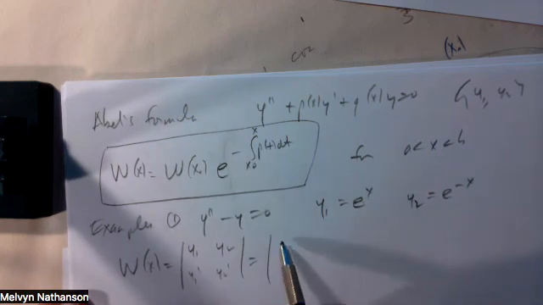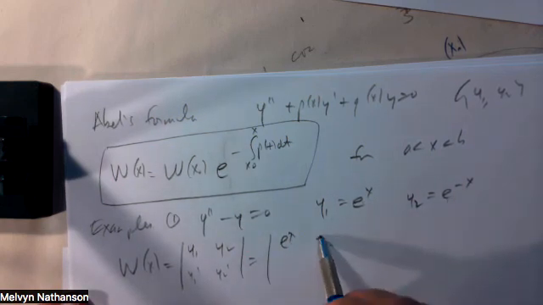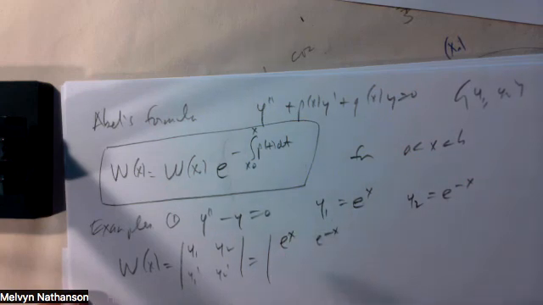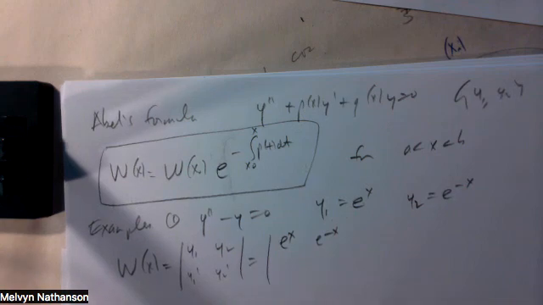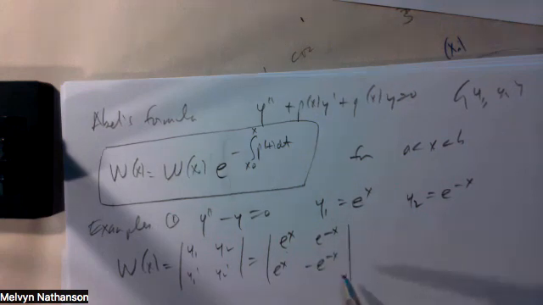So y1 is e to the x and y2 is e to the minus x. y1 prime is e to the x. y2 prime is minus e to the minus x.